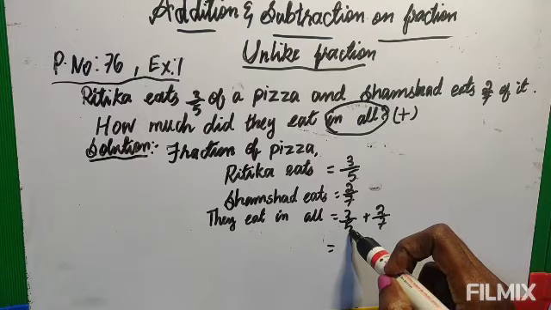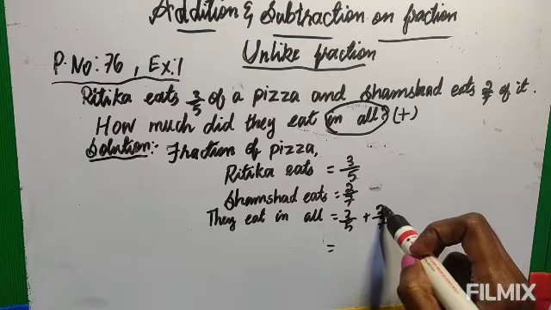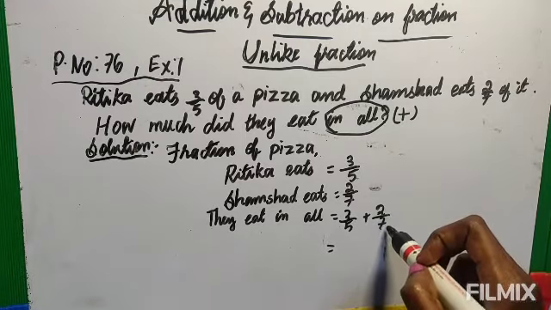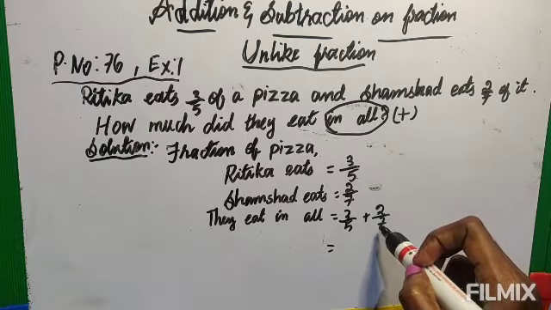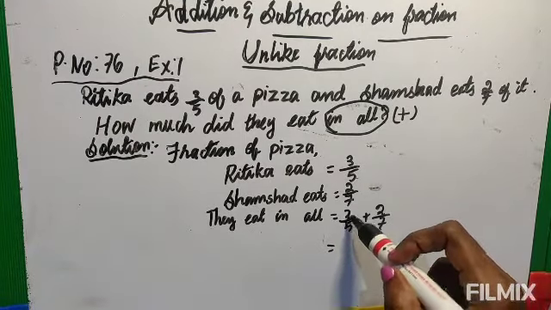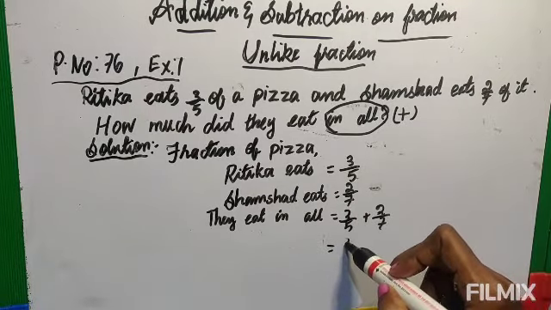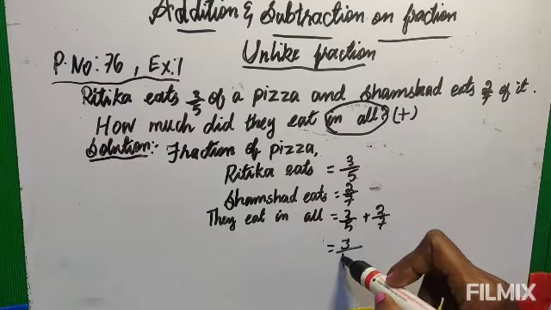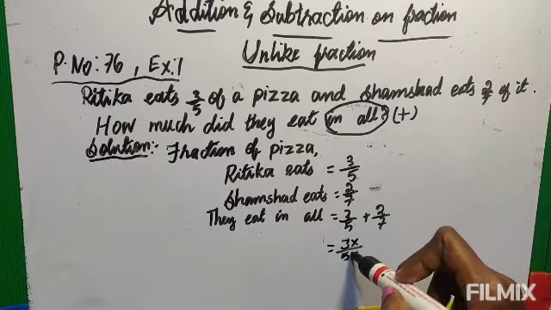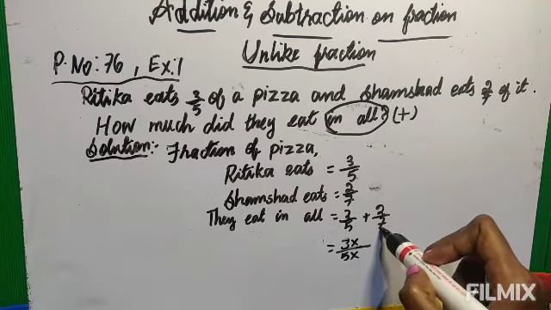That means by this denominator you will multiply the opposite fraction's numerator and denominator, and by the other denominator you will multiply this fraction's numerator and denominator. So 3 by 5, its numerator and denominator you will multiply by the denominator 7.